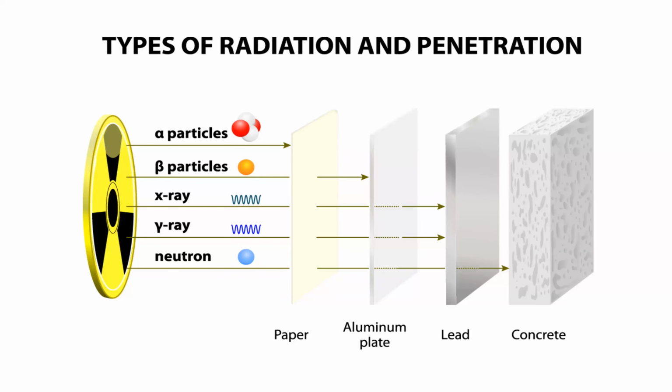So alpha particles and beta particles can be stopped by a thin sheet or even paper, while X-rays can go through a lot. They can even go through aluminum. And neutrons, because they are neutral, go through a lot, and sometimes even pass through concrete. But with concrete, enough thickness is enough to stop them.